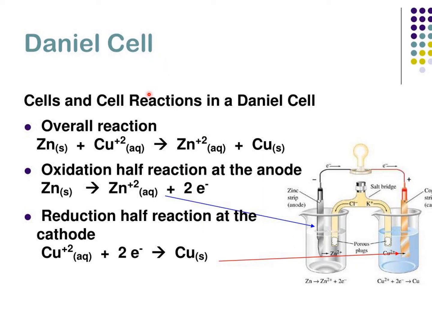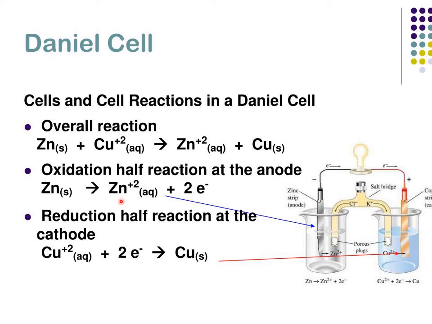In the Daniell cell, the cell reactions that take place are as follows. Zinc acts as the anode and the copper electrode acts as the cathode. Zinc undergoes oxidation and the cathode undergoes the reduction reaction. So the oxidation half reaction takes place at the zinc anode.